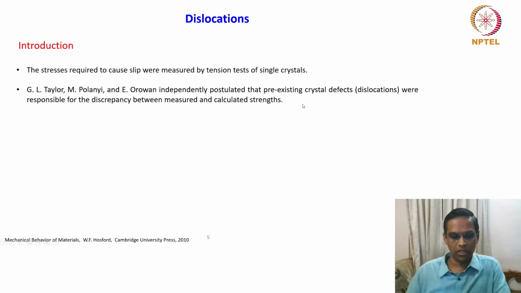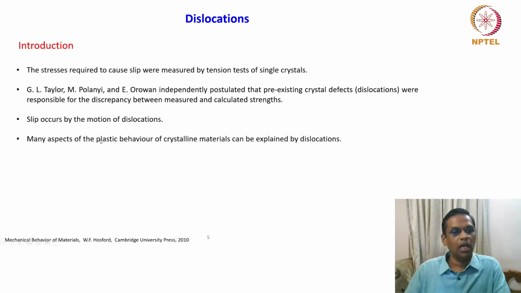This is a postulation by these three scientists, and they essentially proved that dislocations are responsible for the low measured strength values in single crystals. They said that crystal slip occurs by the motion of dislocations, and many aspects of the plastic behavior of crystalline materials can be explained by dislocations.